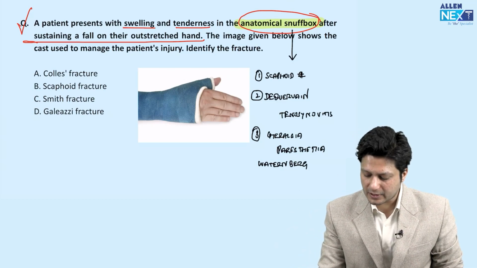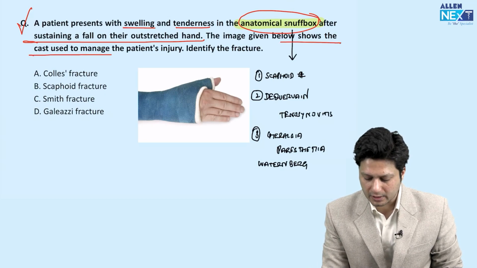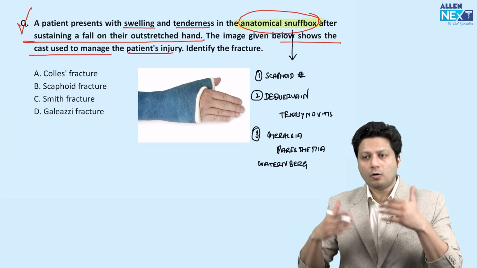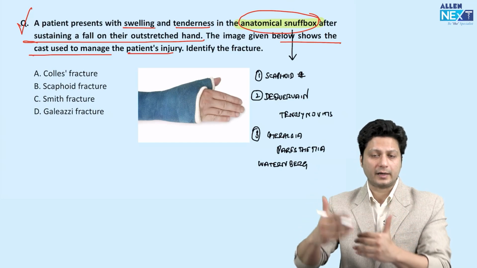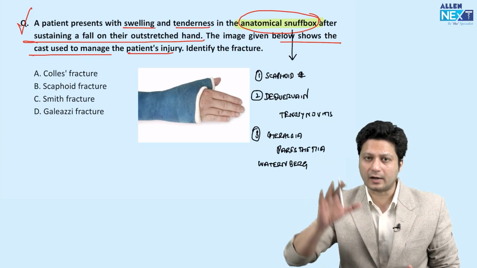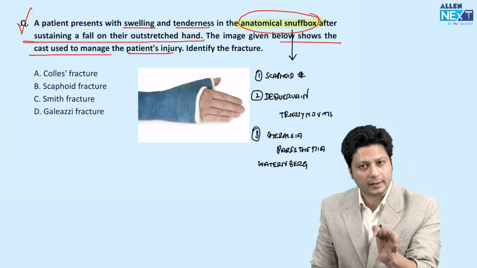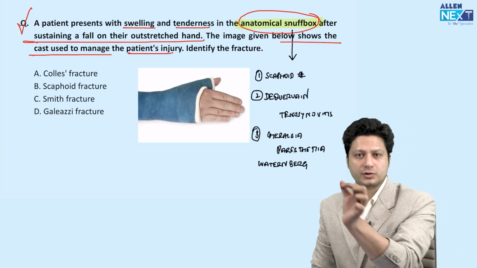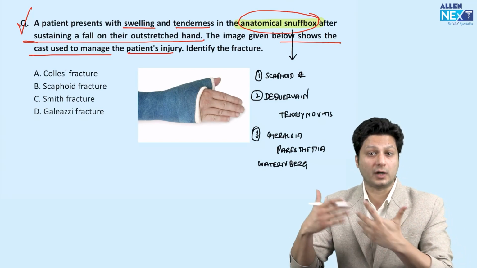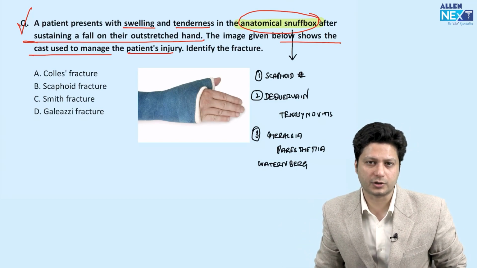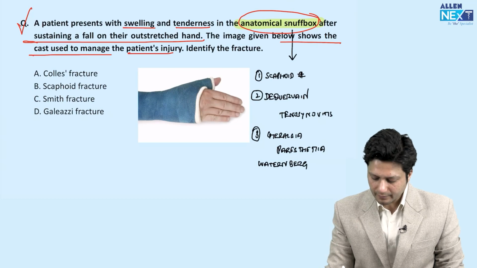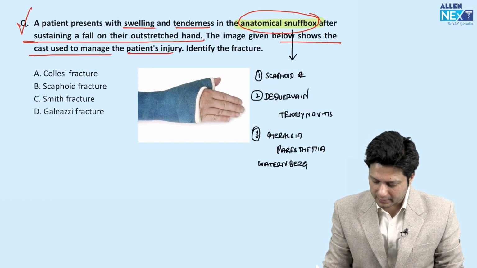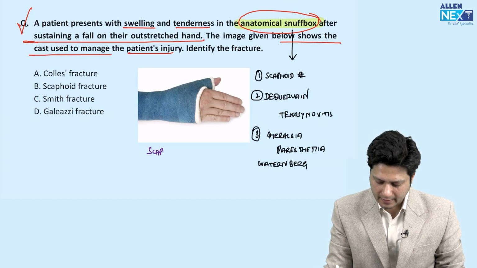The image given below shows the cast used in the management of the patient's injury. Once they have decided to put it in a cast, that means there has been a fracture related to the wrist joint eliciting anatomical snuff box tenderness, so the diagnosis is almost certain: scaphoid fracture. So what we are dealing with in this question is the scaphoid fracture.